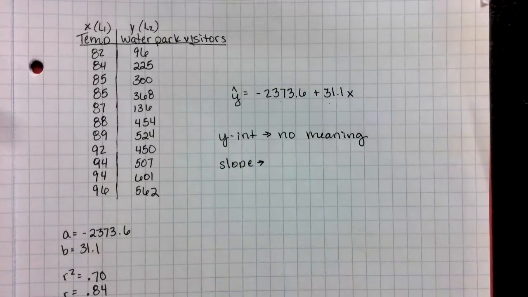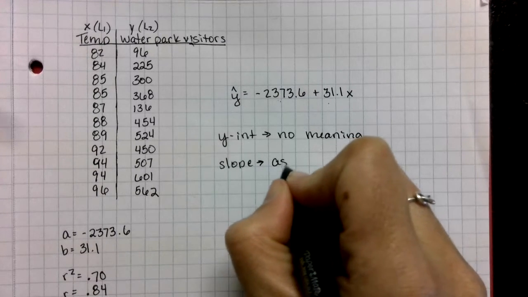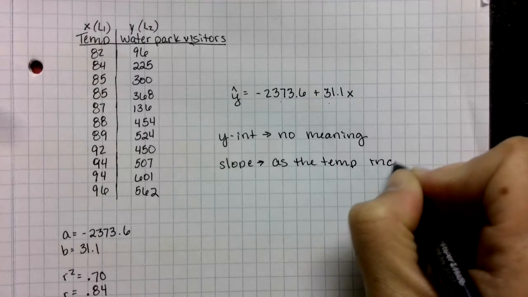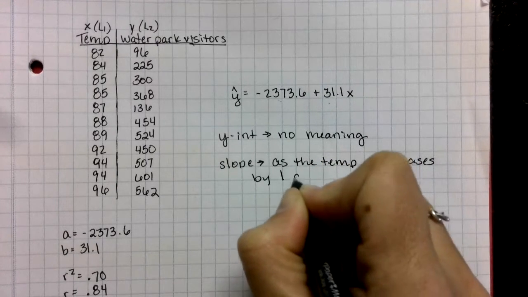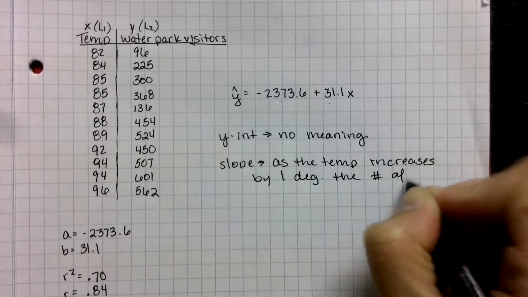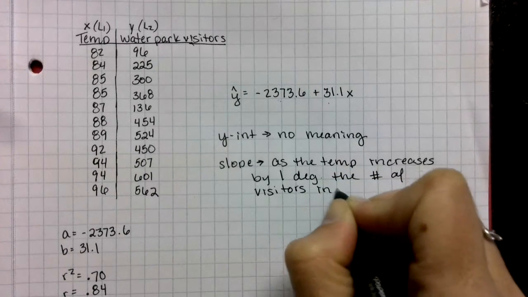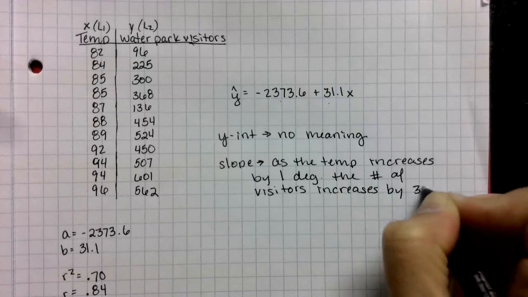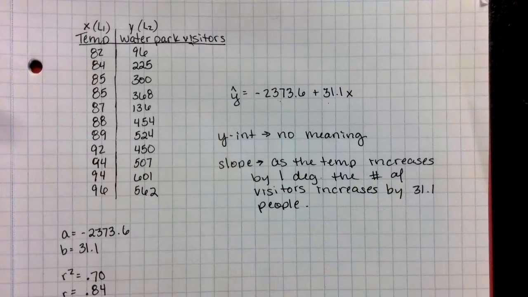Now my slope, I can interpret it. So my slope would be: as the temperature increases by 1 degree, the number of visitors increases by 31.1 people.